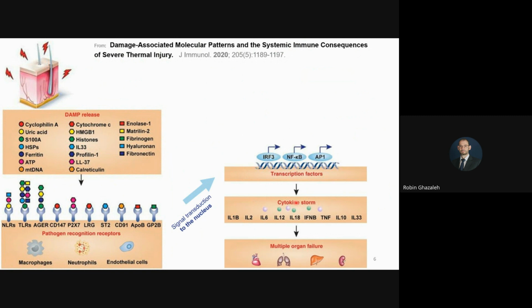If you had a nasty case of SARS-CoV-19 and you were hospitalized, there's a chance that you would be suffering from cytokine storm, and that can lead to multiple organ failure.